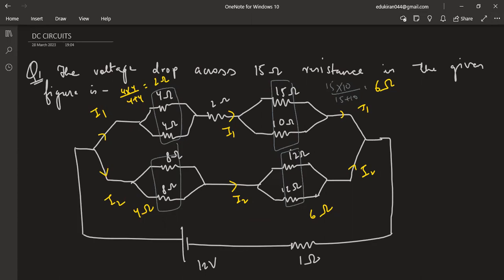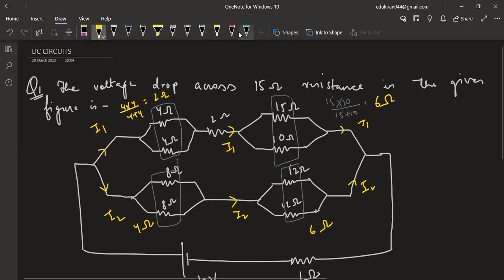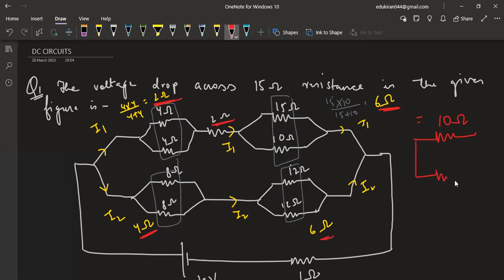Do you get this, class? Now this 2 ohms, this 2 ohms, and this 6 ohm make one resistor of 10 ohm. 4 ohms, 6 ohms, another resistor of 10 ohm.